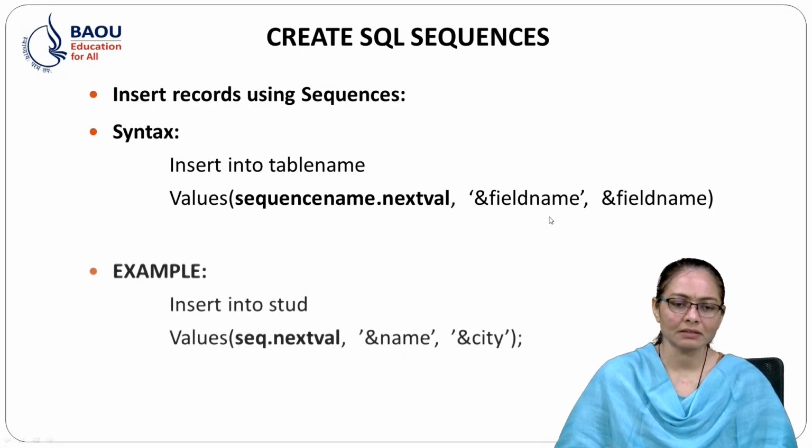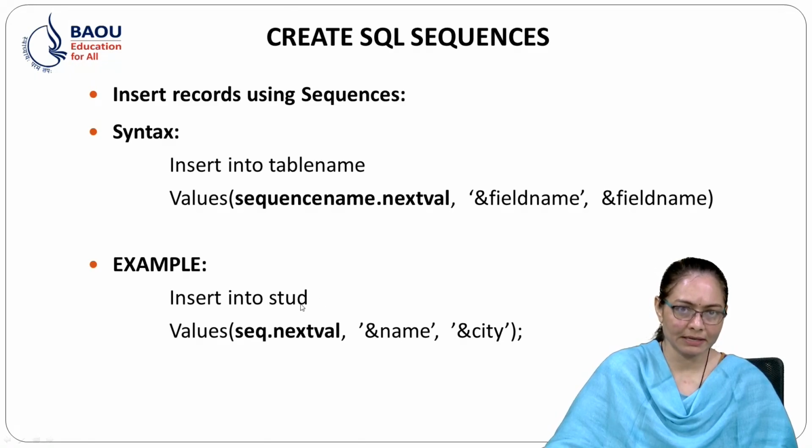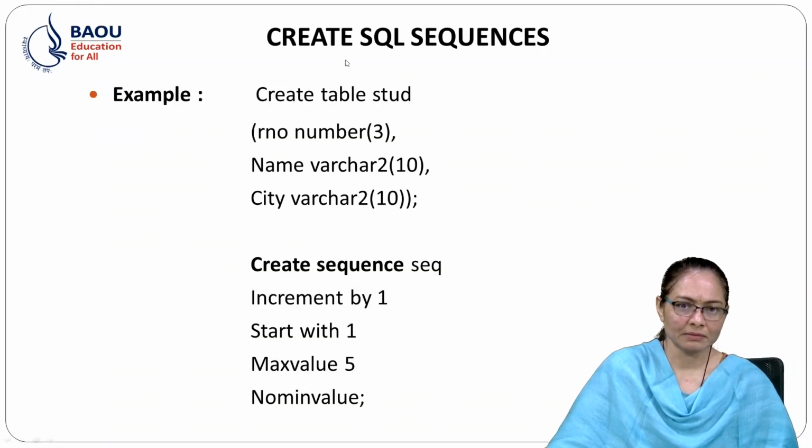See, here is the example. We can easily learn using an example. Insert into student, where student is the table name, then values in brackets. See, as previously, here the table is student and the sequence name is SEQ.